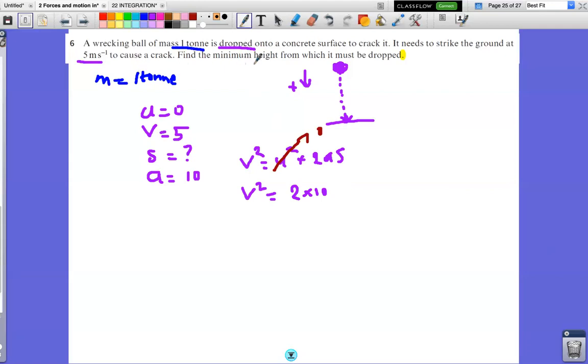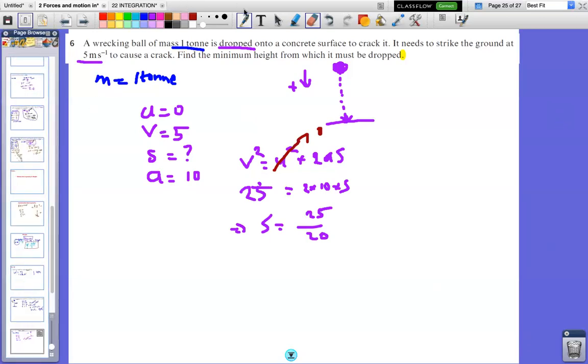We are looking for s. So 25 should be 2 times 10 times s. So s will be 25 over 20. So that's the minimum height from which it is going to be dropped.